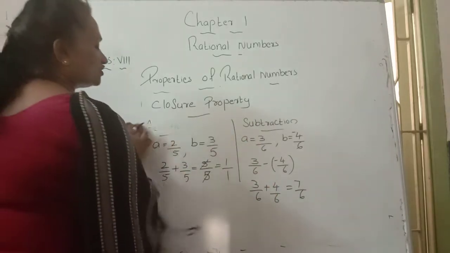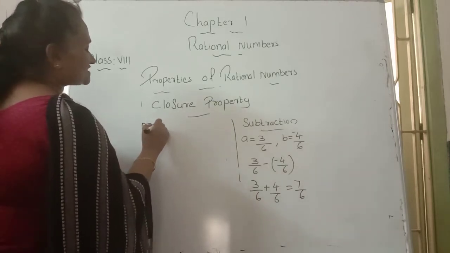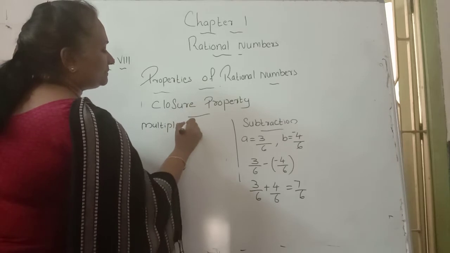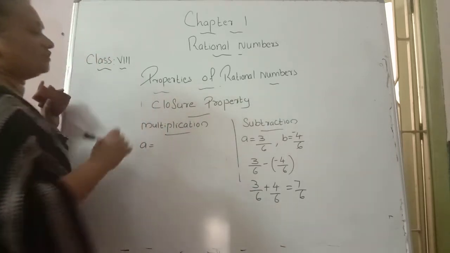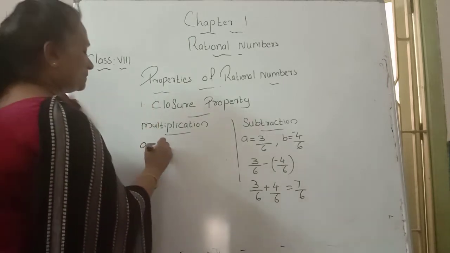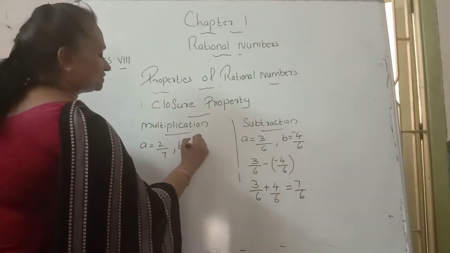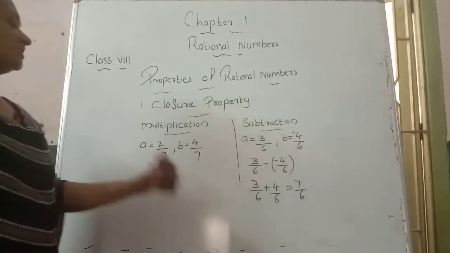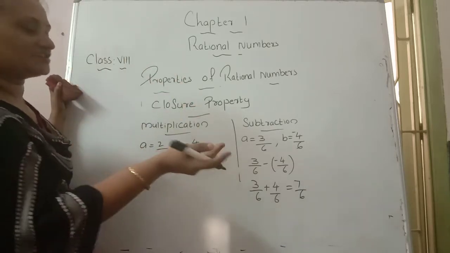Then next we are going to check the multiplication case. Is it satisfying or not? Example: consider a value as 2 by 7 and b value as 4 by 7. Any two numbers we can consider. Then we check whether multiplying these two numbers gives another rational number or not.